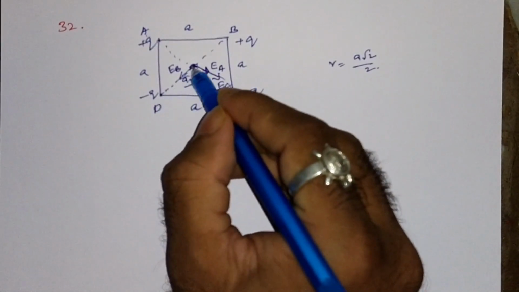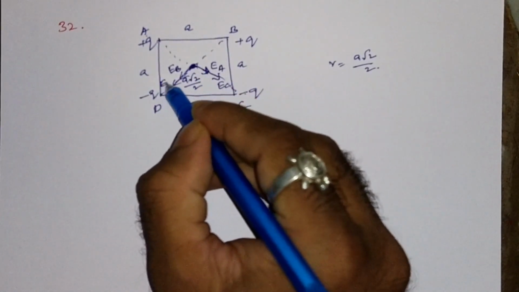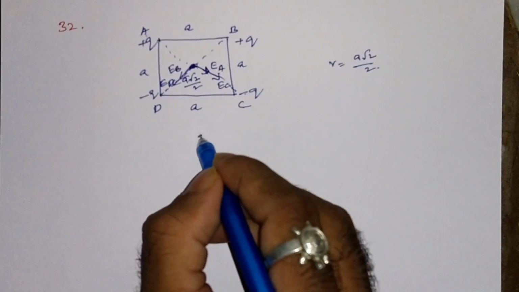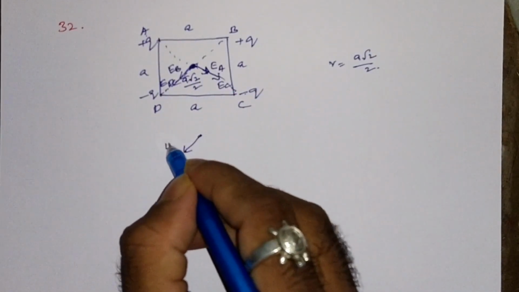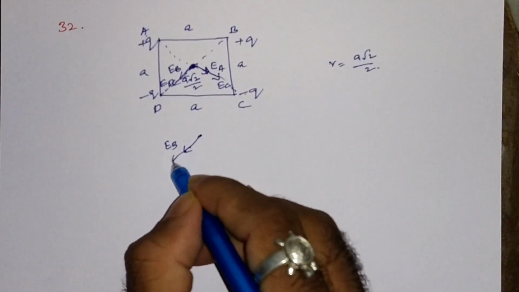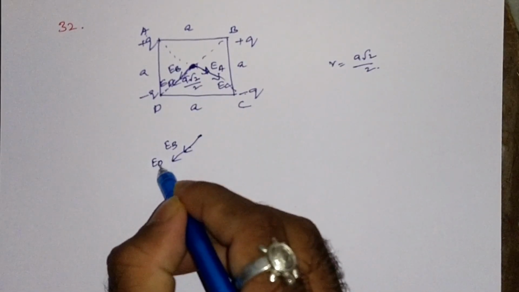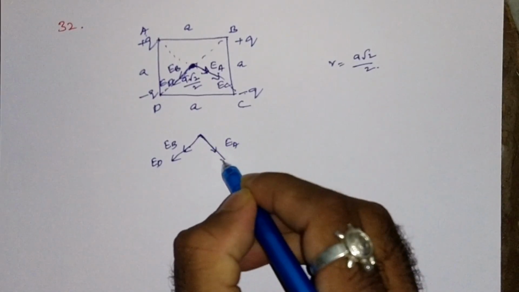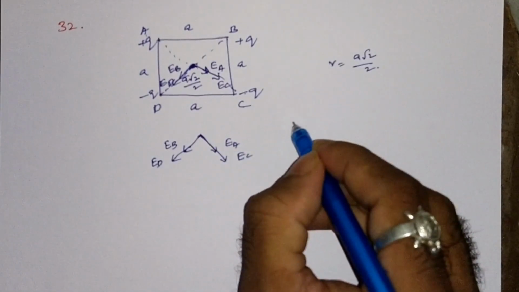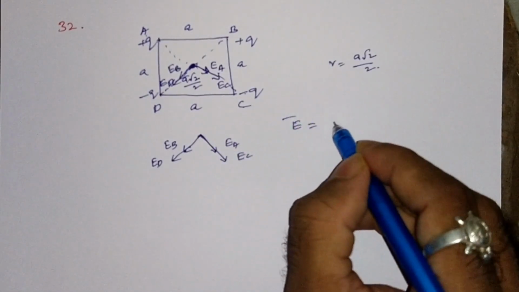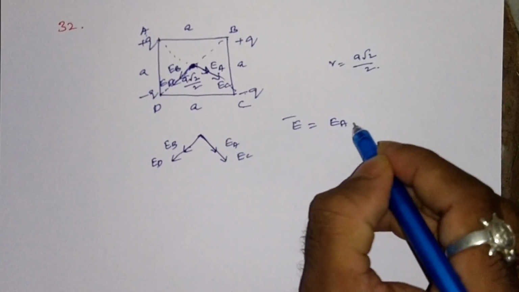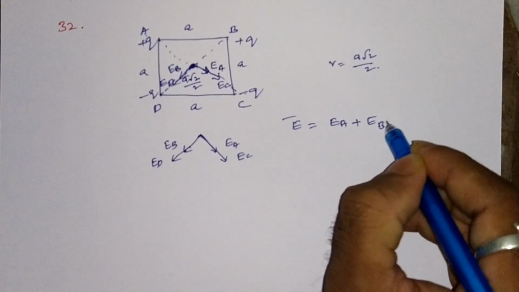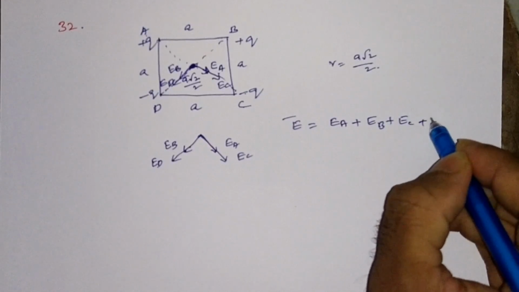And here also negative, so it will be ED. So the net electric field is the vector sum of EA, EB, EC, ED.